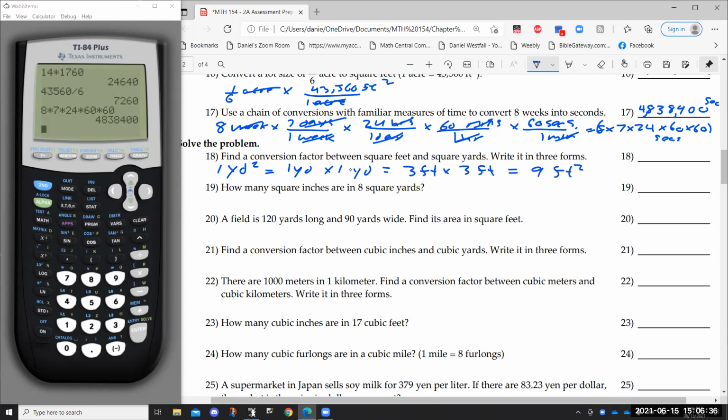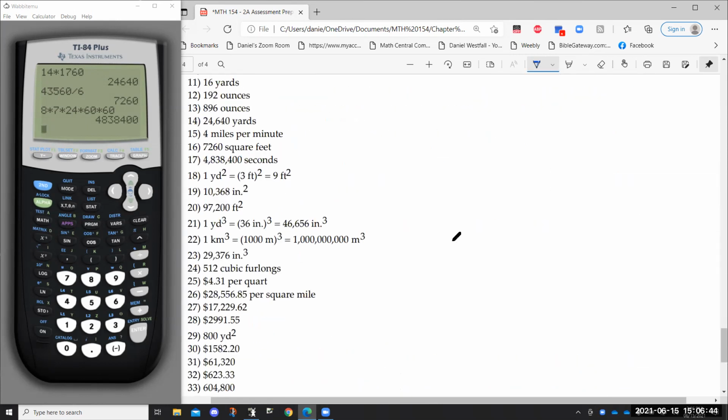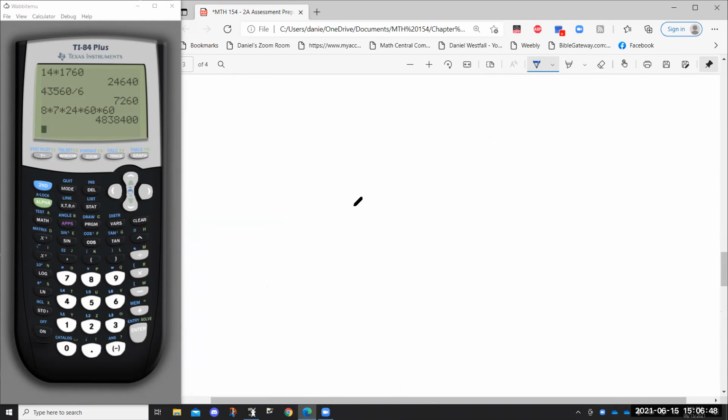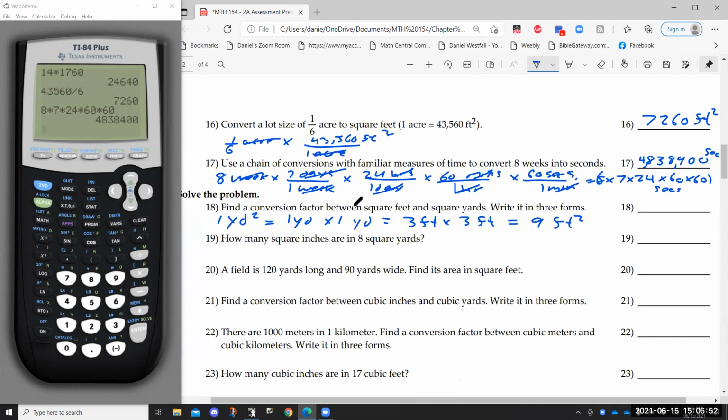So I think they wanted this 1, 2, 3 different ways. I think that's what it's saying when it asks you for 3 different ways to write it. Let me just check. 1 square yard is 3 feet squared is 9 feet squared. So yeah, this is 1, 2, 3 things that they want.